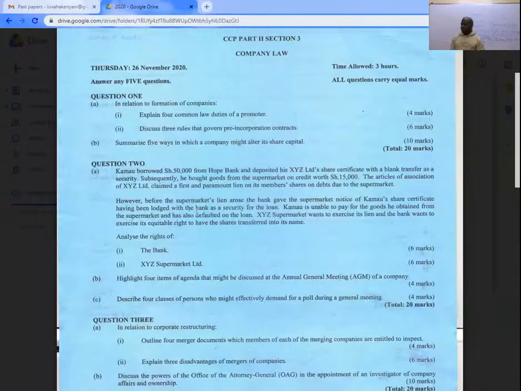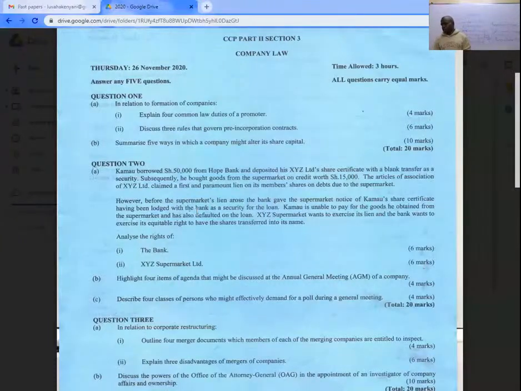However, before the supermarket's lien arose, the bank gave the supermarket notice of Kamau's share certificates having been lodged with the bank as security for the loan. Kamau is unable to pay for the goods he obtained from the supermarket and has also defaulted on the loan. XYZ Supermarket wants to exercise its lien and the bank wants to exercise its equitable right to have the shares transferred into its name.